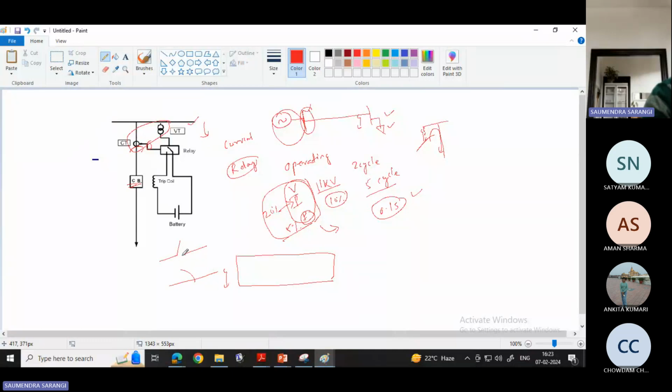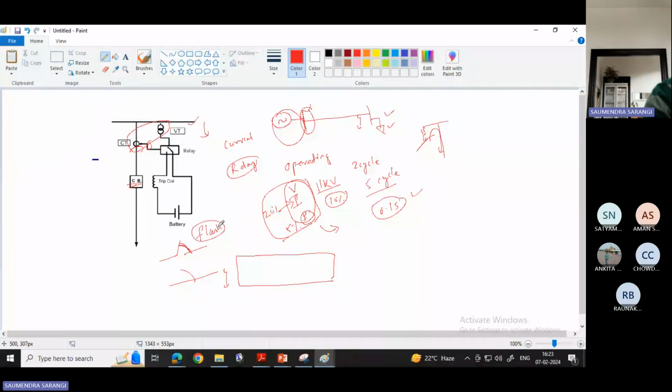Whenever it is trying to open, there will be some flashover within this contact. If this flashover is not died out, then definitely you will see a hazardous condition.